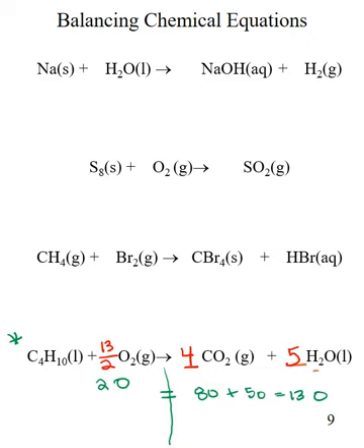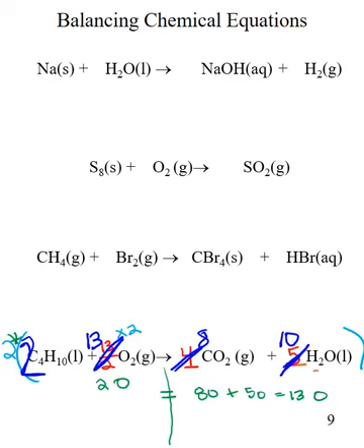How do I get rid of that fraction? I multiply it by 2. But because I multiplied that by 2, I have to multiply everything by 2. 2 times this entire thing. So that means I'm going to have 2 C4H10s. How many O2s? 13. 8 CO2s.